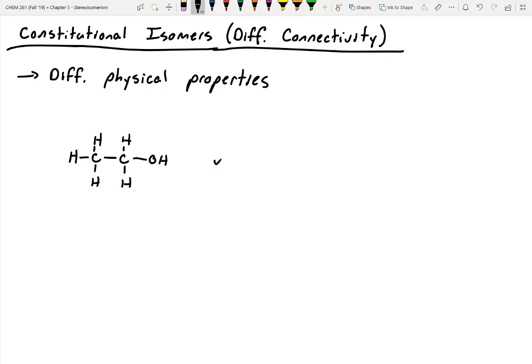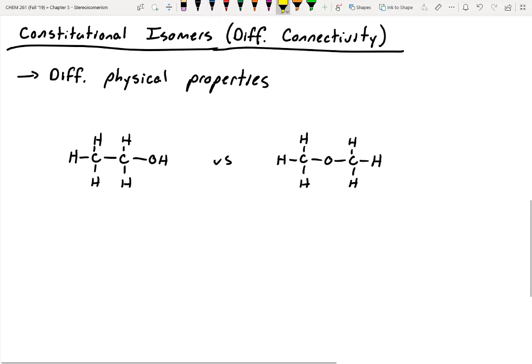That's ethanol versus something like this, where the oxygen is in the center. Which of these do you think has the higher boiling point? First one, why? Okay, so this one on the left can hydrogen bond. Therefore, we would predict that this would have a higher boiling point. This must have a lower boiling point.